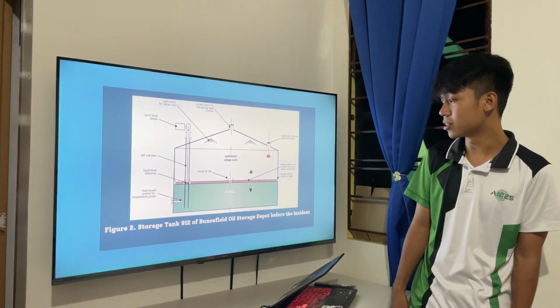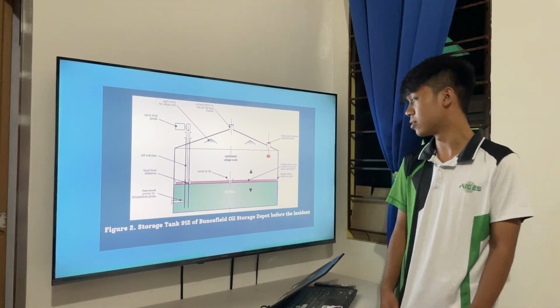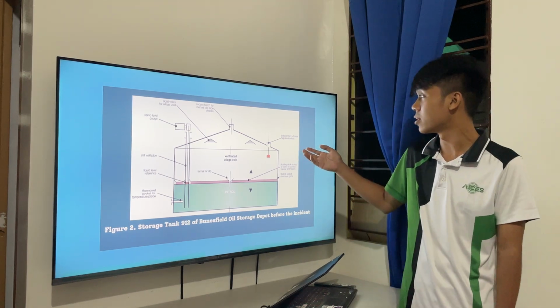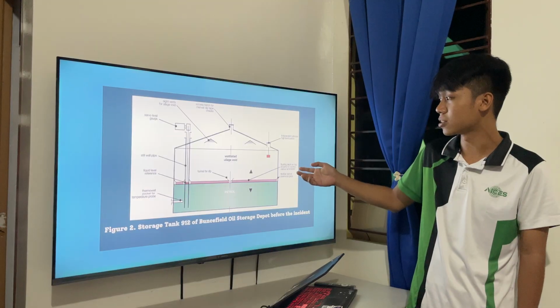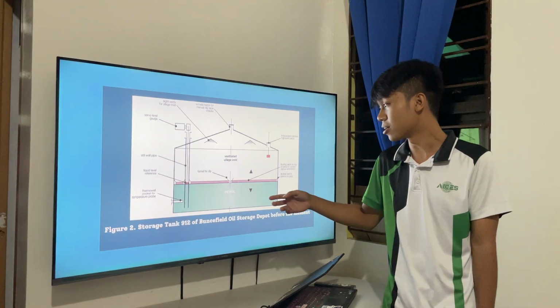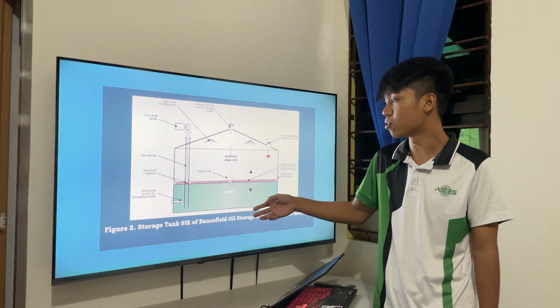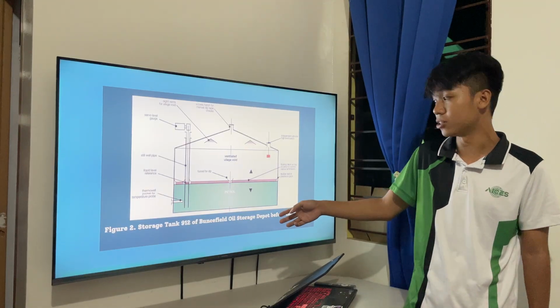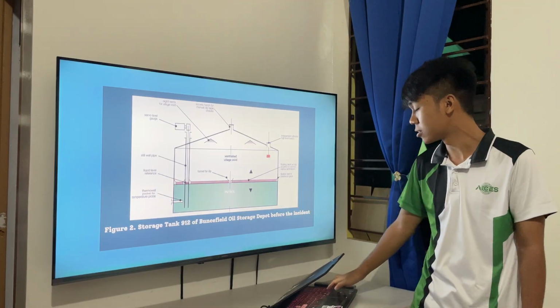So here in Storage Tank 912 of the Buncefield Oil Storage Depot before the incident, we can see the IHLS, or the independent high-level switch, on the top of the storage tank. Inside the storage tank is the gasoline or petrol, and here it is in normal condition before the incident happens.